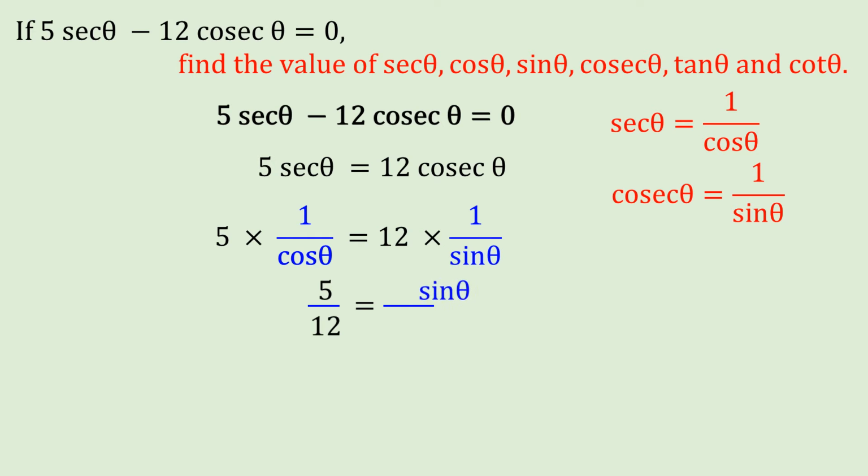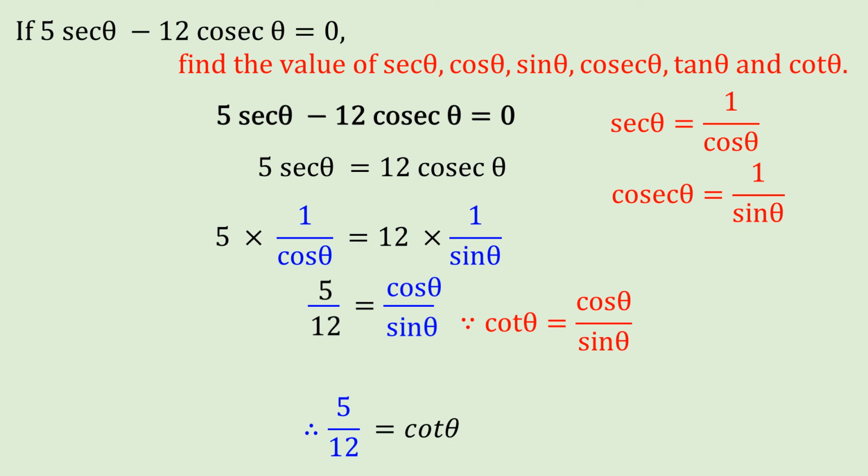As you know, cot theta equals cos theta upon sin theta. Therefore, 5 upon 12 equals cot theta. I hope it is clear. So you have got the cot theta value as 5 upon 12. Let us see further.